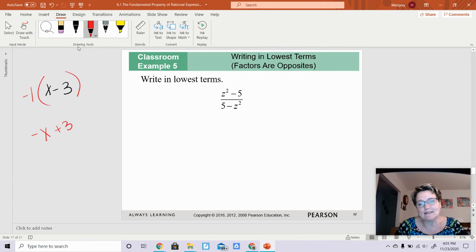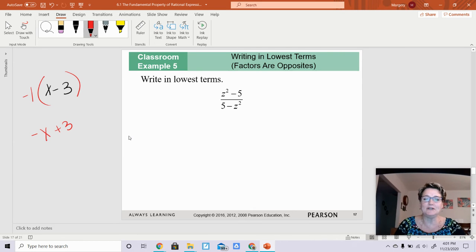So if you notice, I have a z squared minus 5, and then I have a 5 minus z squared. Sorry, that is totally z, not x. So my z squared is actually negative in the denominator, and the 5 is positive in the denominator.